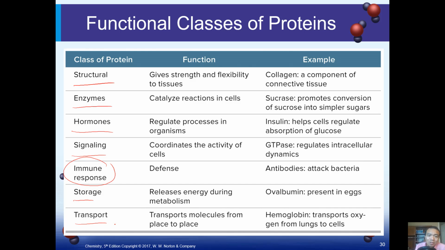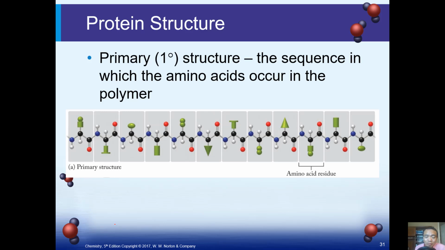Okay. Proteins have different levels of structures, actually 4 different levels of structures. The first level is the so-called primary structure. Primary structure simply refers to the sequence of the amino acids in the peptide chains. Remember, when the peptide bond is formed, the CO functional group and the NH are connected after the loss of one water molecule.